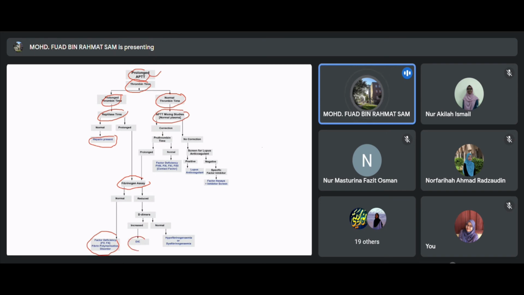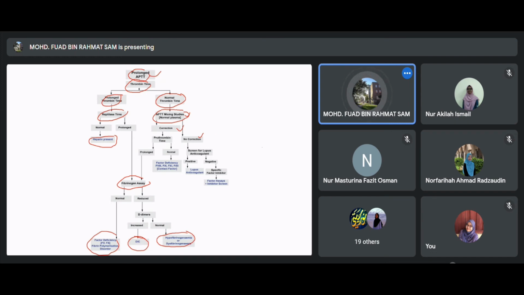So dapatlah mungkin DIC ataupun hypofibrinogenemia or dysfibrinogenemia. So just remember yang bila melibatkan mixing study mesti ada perkataan correction. Sebab kita nak correctkan value tu yang dah prolong tu, kita tambah dengan normal plasma dan how the plasma reacts.